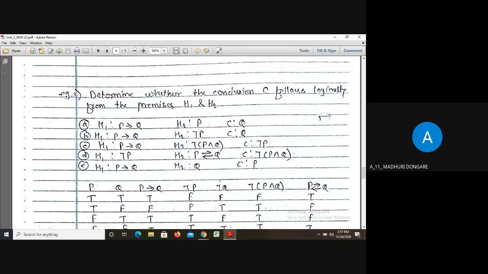False. No, your voice is not audible. PTFT. Yes, PTFT. So again, your last column does not contain all values true. That's why that is not a valid conclusion.